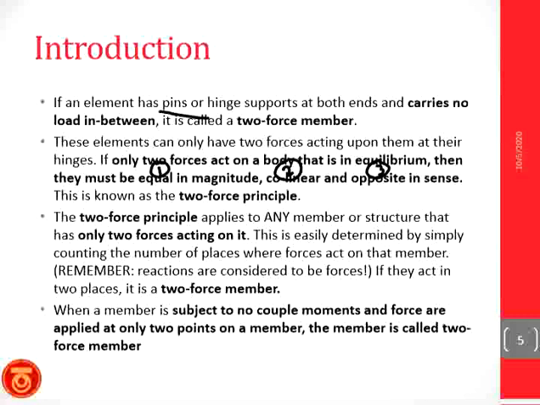The two force principle applies to any member or structure that has only 2 forces acting on it. This is easily determined by simply counting the number of places where forces act on the member. Okay. When a member is subject to no couple moment and forces are applied at 2 points on the member, the member is called a 2 force member.